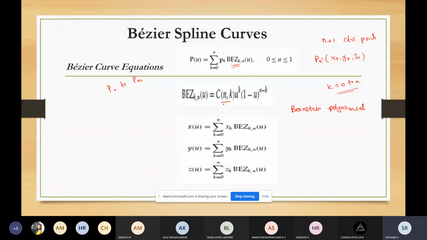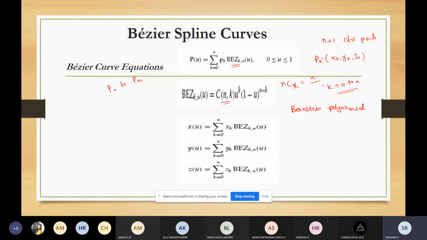What is C of n comma k? It is given by n factorial by (n minus k) factorial into k factorial. That is NCR, the binomial coefficient.